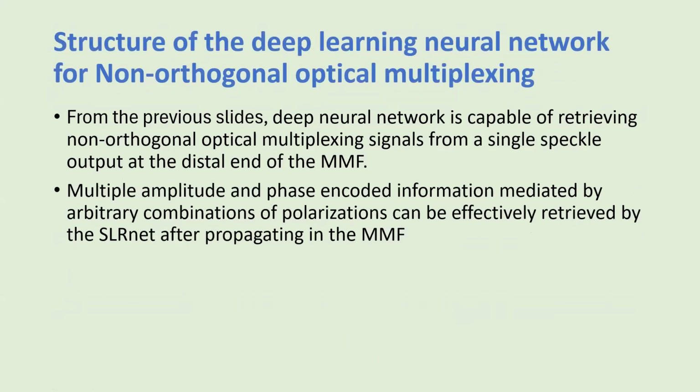Structure of the deep learning neural network for non-orthogonal optical multiplexing. So the neural network is capable of retrieving information from non-orthogonal optical multiplexing from a single output at the distal end of the MMF.